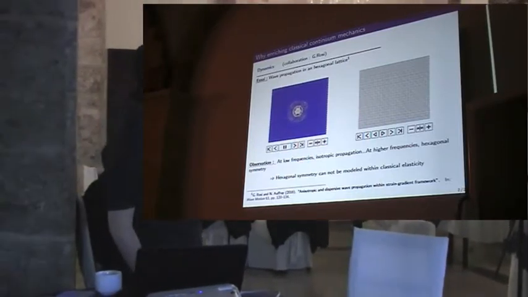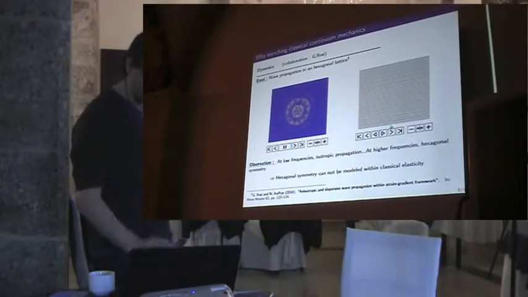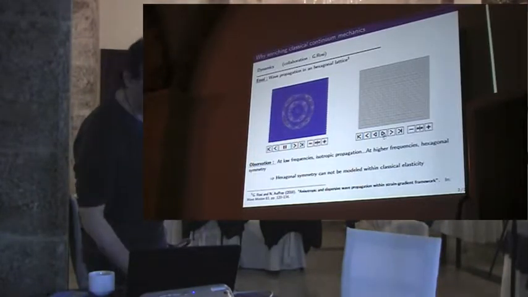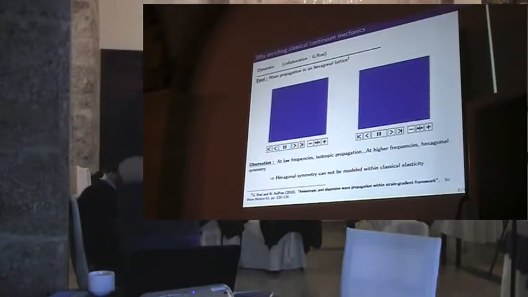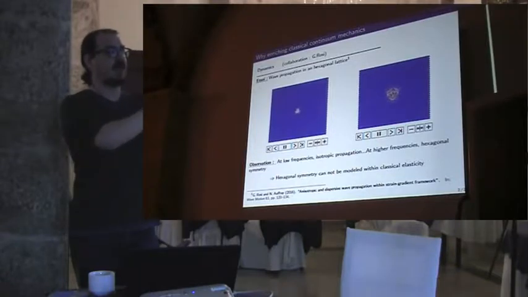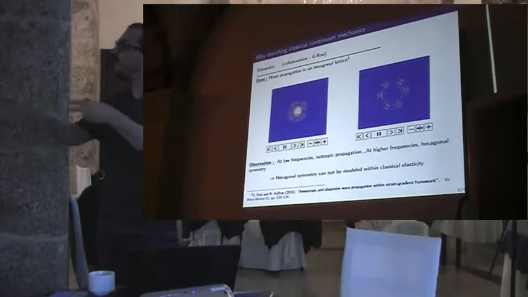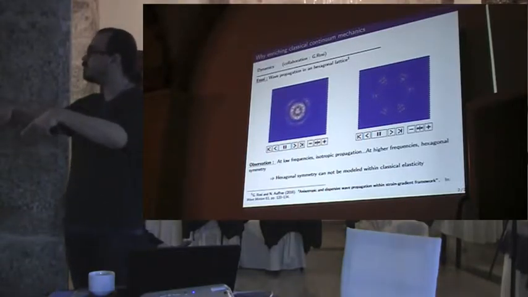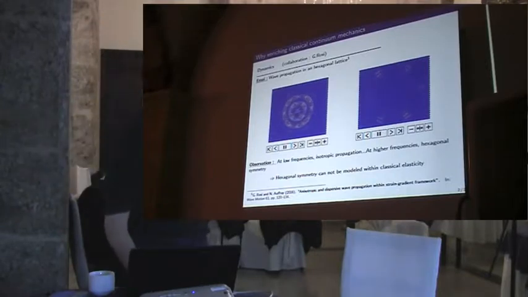And as soon as you decrease the wavelength, the wave begins to interact with your unit cell, and the propagation, which was initially isotropic, now begins to see the anisotropy of your lattice, and tends to have hexagonal symmetry.